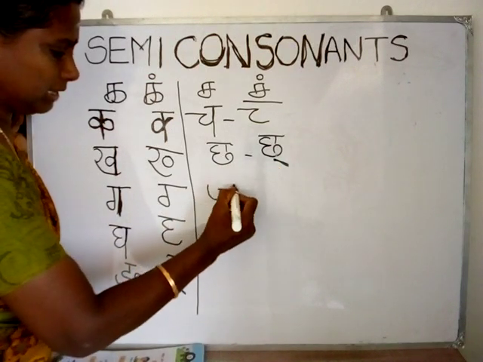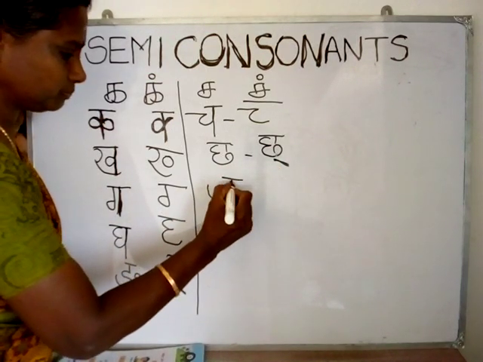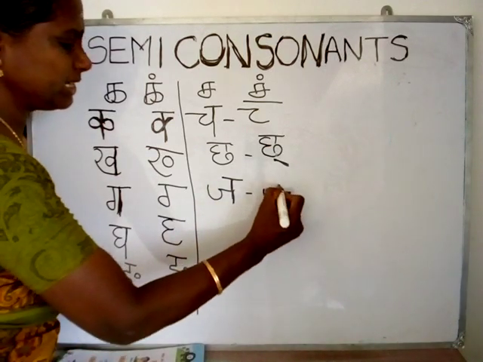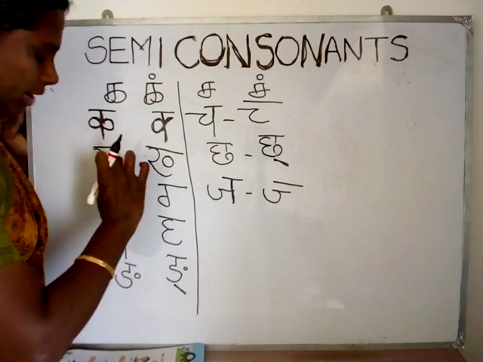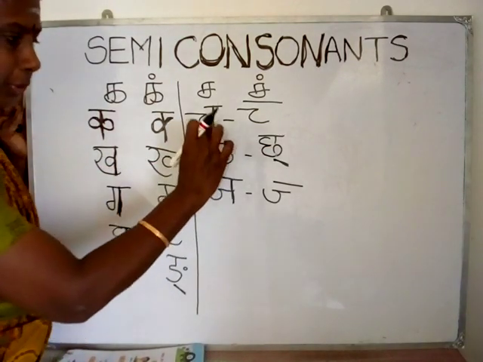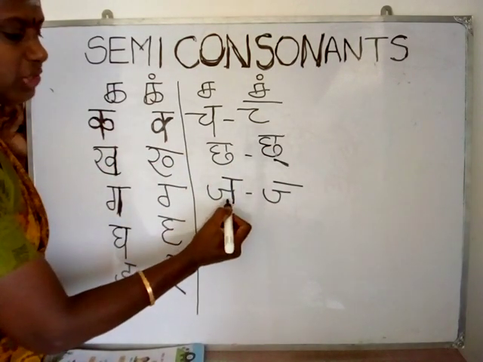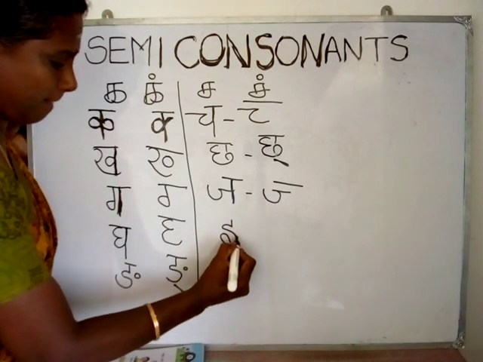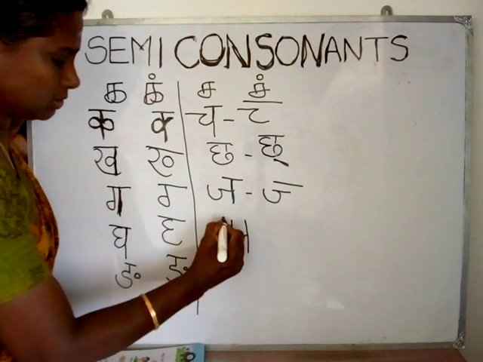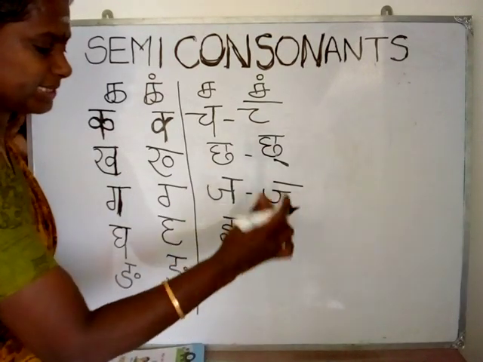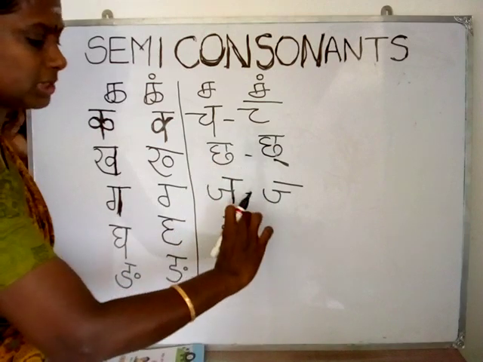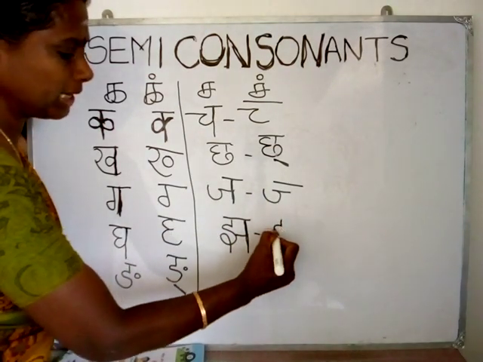Like that, this is ja. This is ij. Wherever the line is here, you have to remove this line. Wherever a line comes at the last, you have to remove that line.